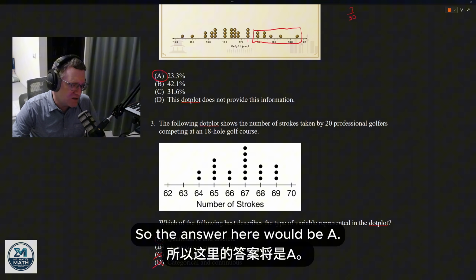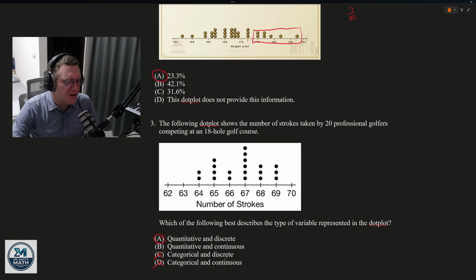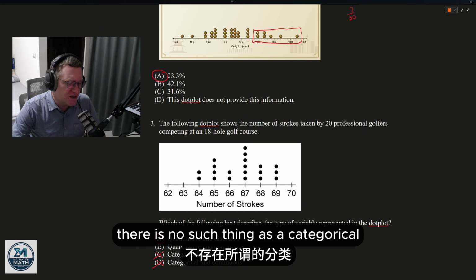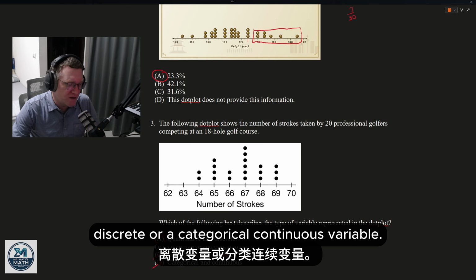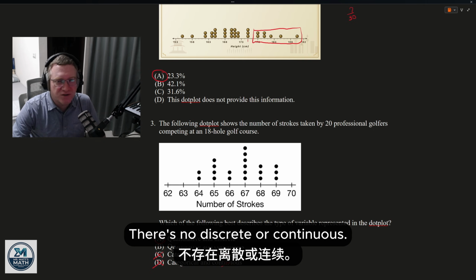So the answer here would be A. This is quantitative and discrete, right? Now, of course, there is no such thing as a categorical discrete or a categorical continuous variable. Categorical variables are just categorical. They're just categories. There's no discrete or continuous.